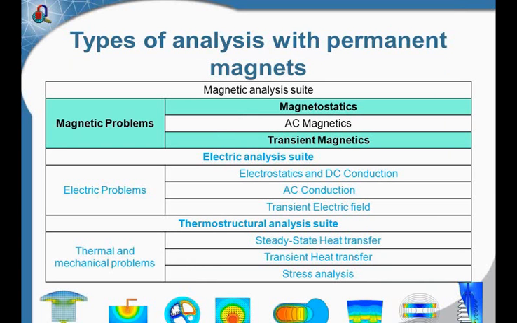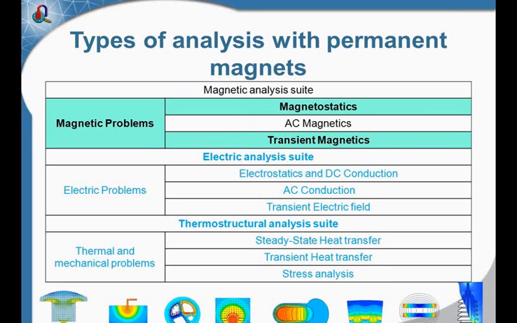Of the three formulations of magnetic analysis in QuickField, you may specify permanent magnets in two of them, in magnetostatics or in transient magnetics. The AC magnetic formulation supposes that all parameters change with time as sine harmonic functions. So any permanent magnet is a constant, so it cannot be specified in AC magnetics.